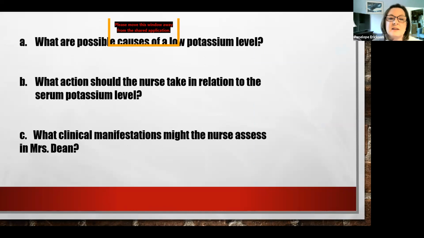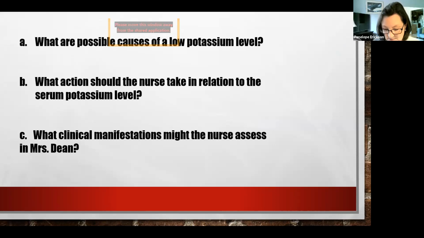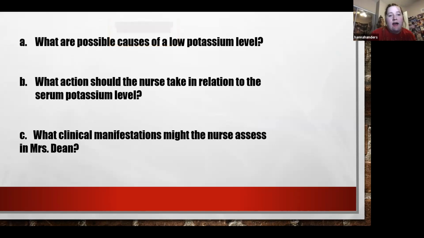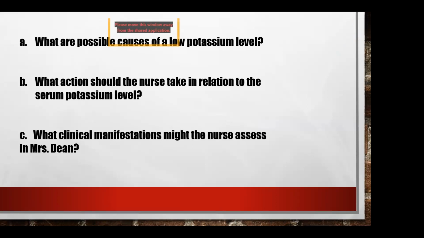So what are the possible causes of a low potassium level? Would it be her medication? That's one of the reasons. From her blood pressure meds. Yes. What about because she's getting so many IV fluids?